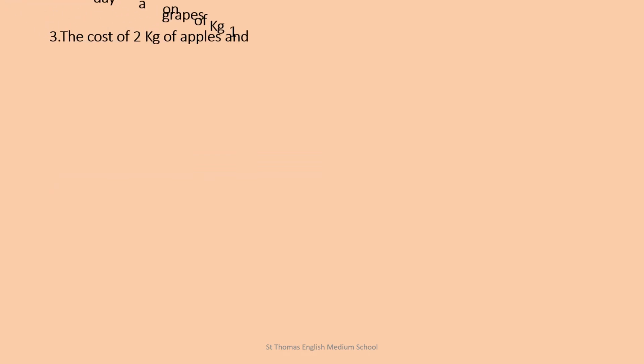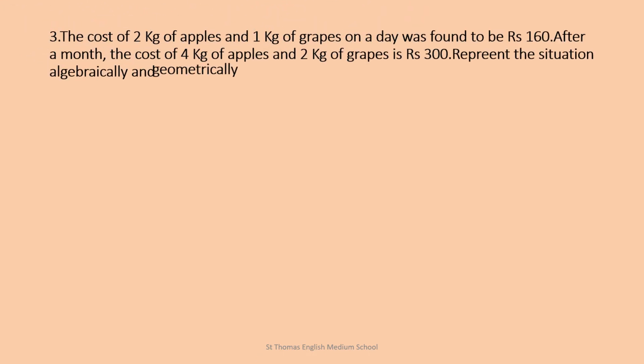Moving to question number 3, the cost of 2 kg of apples and 1 kg of grapes on a day was found to be rupees 160. After a month, the cost of 4 kg of apples and 2 kg of grapes is rupees 300. Represent the situation algebraically and geometrically.